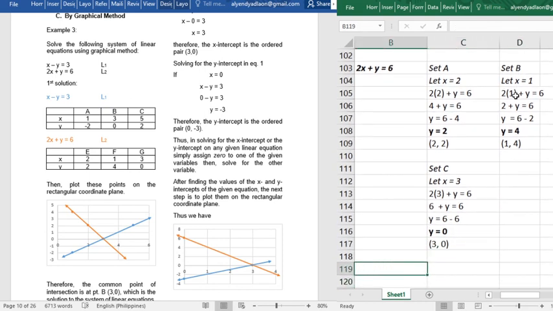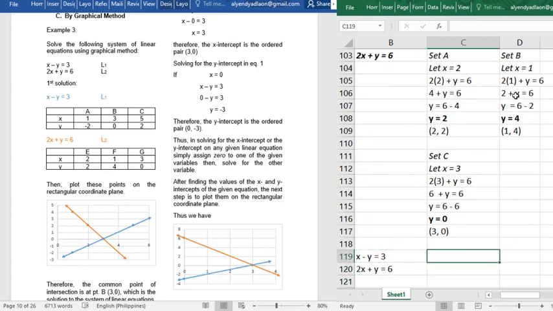Let us try to check if 3 and 0 will really satisfy both of our equations. We have x minus y equals 3, and then 2x plus y equals 6. So we have x as 3, minus 0 equals 3. So 3 minus 0 is 3, equals 3.